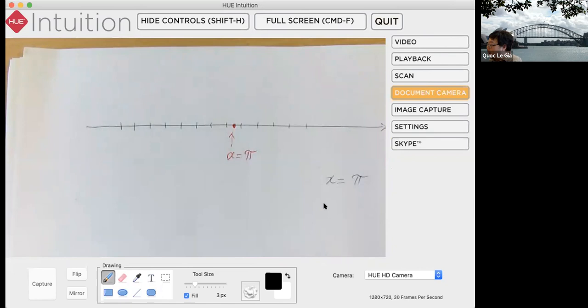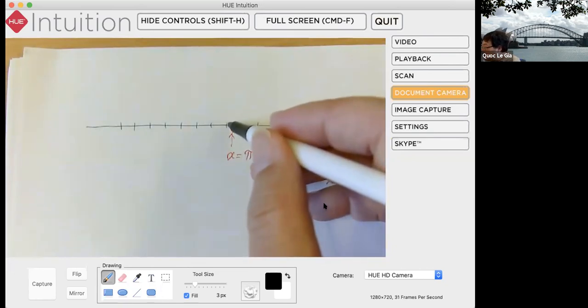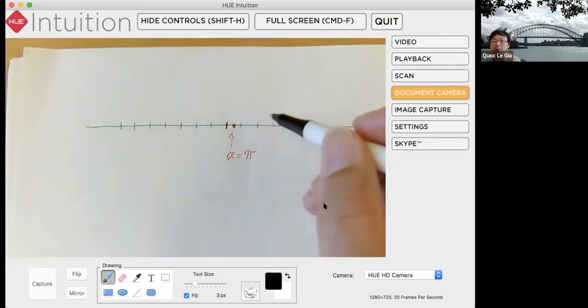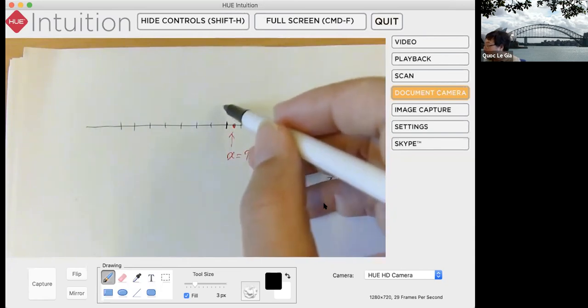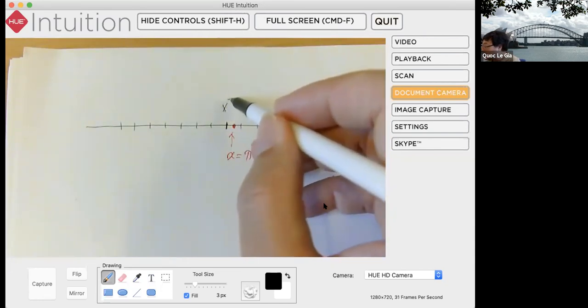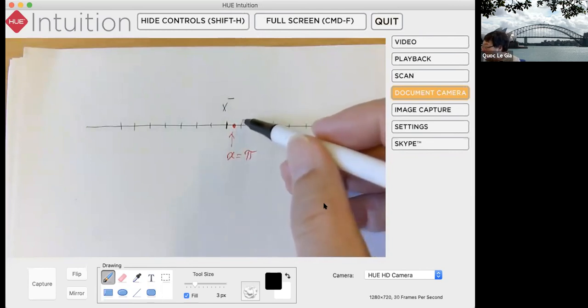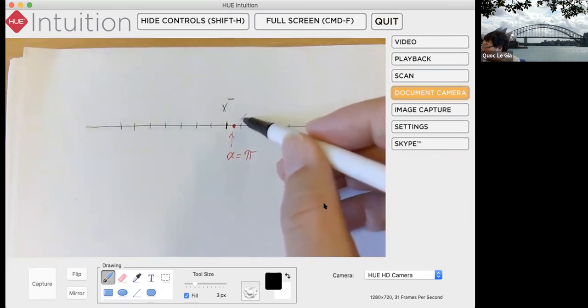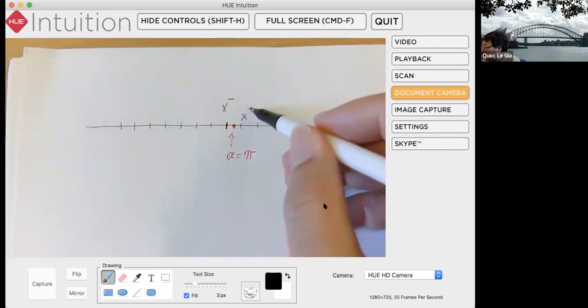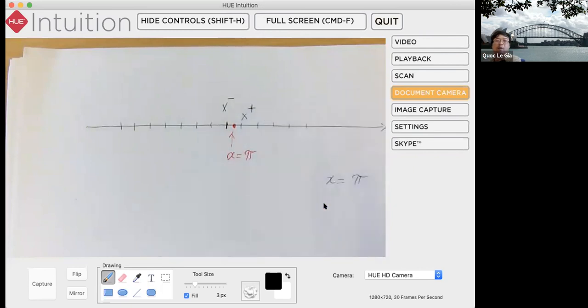The machine number right before x, we call it x minus. And the number right after that, we call it x plus. So you see that you cannot store x exactly in the computer.